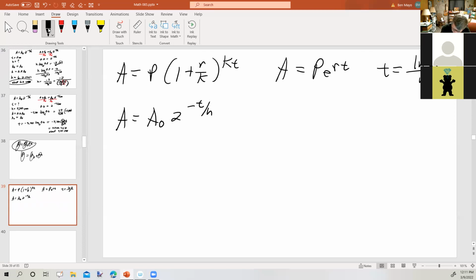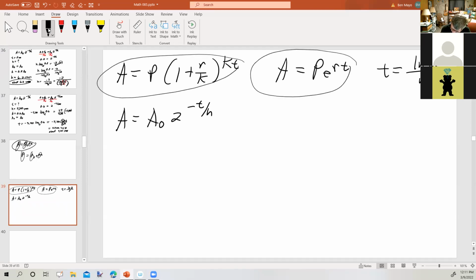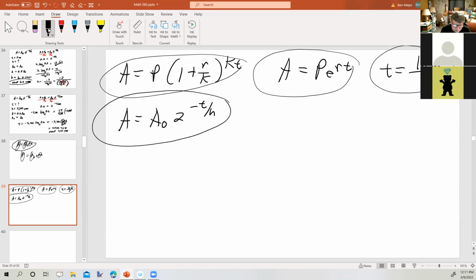So: compound interest, not continuously; growth rate continuously; doubling time, knowing that you have the growth rate; and the half-life formula. So you can have those 4 formulas on a card for your test if you want.